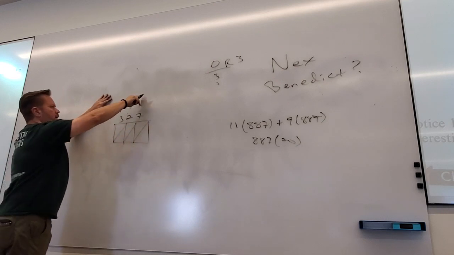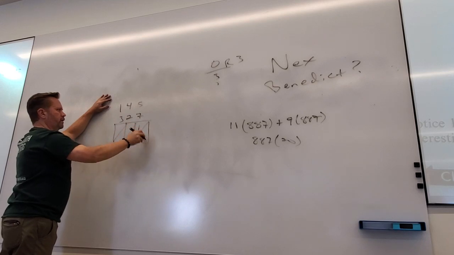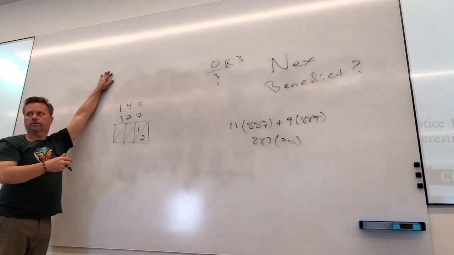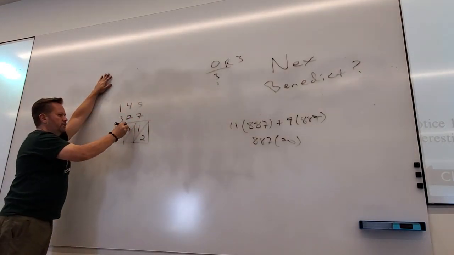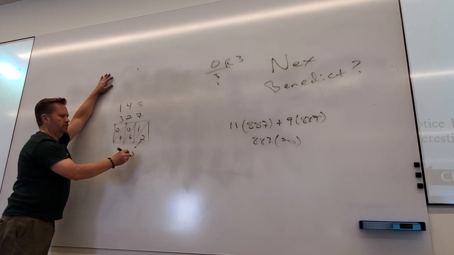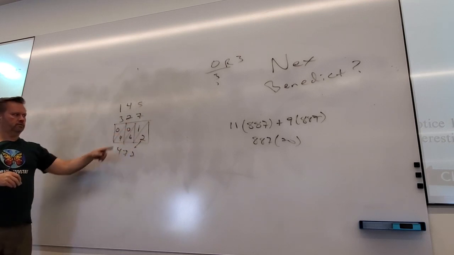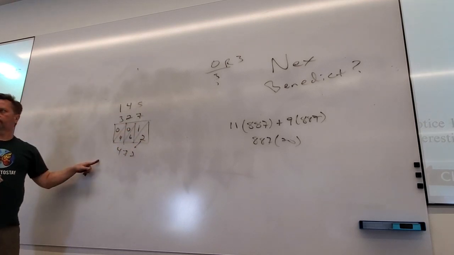This one's kind of easy. Let me make something a little more interesting. So if I have to do 57, 5 and 7 is 12. 4 and 2 is 06. 1 and 3 is 04. So 2, 7, 4.